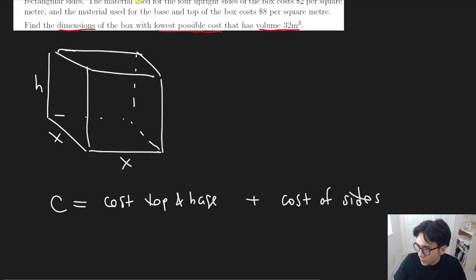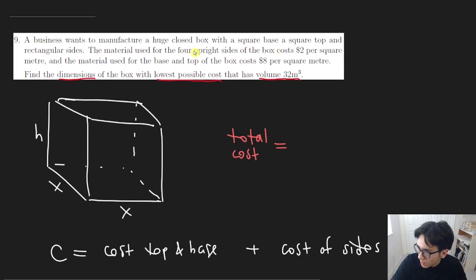Well, in general, the total cost of something is equal to, for example, if we're looking at the sides, $2 per square meter multiplied by the actual area of those sides.